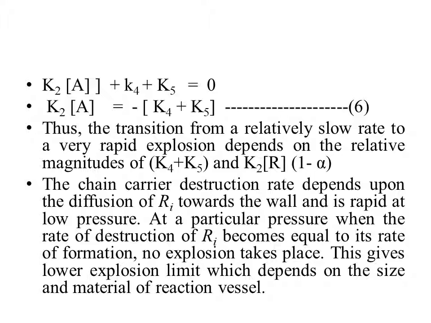That is, if Ri, its formation and its destruction, are equal, then no explosion takes place. This gives the low explosion limit, which depends on the size and material of the vessel.